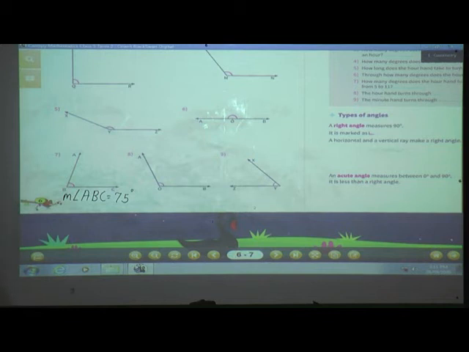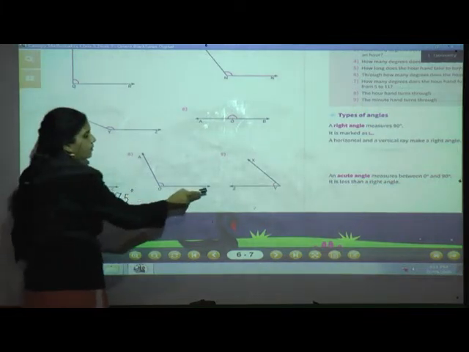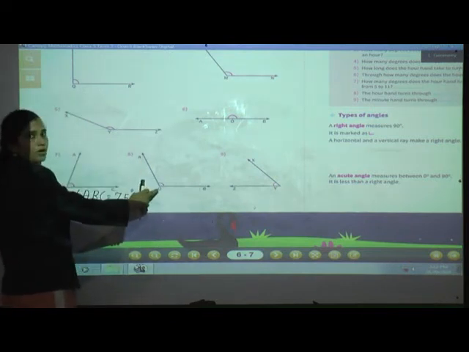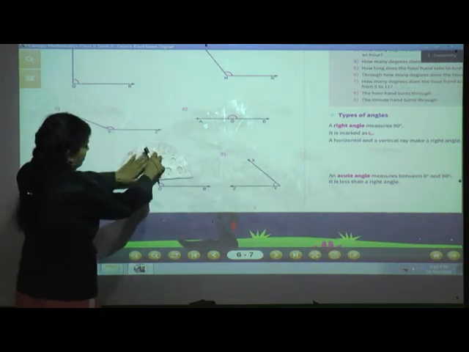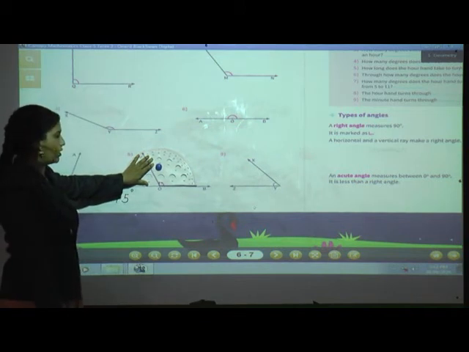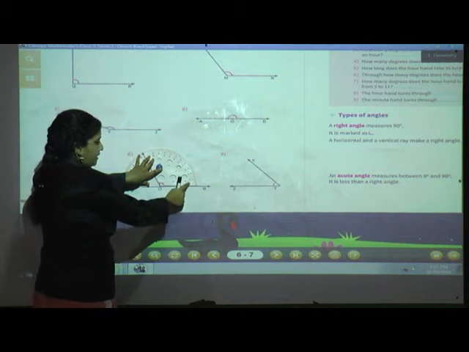Now eighth one. Here is angle AOB. Vertex is O. Place the center of the protractor on vertex O and measure it by the right side inner scale.